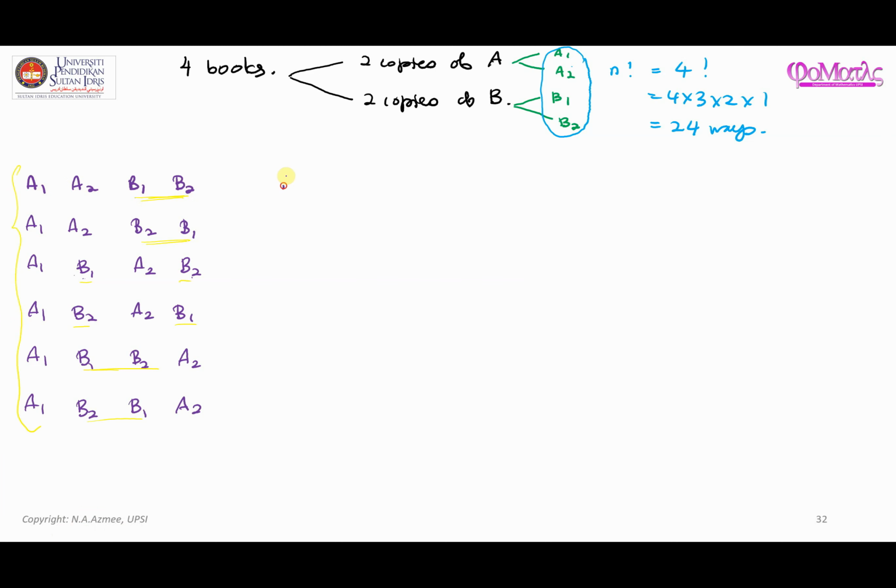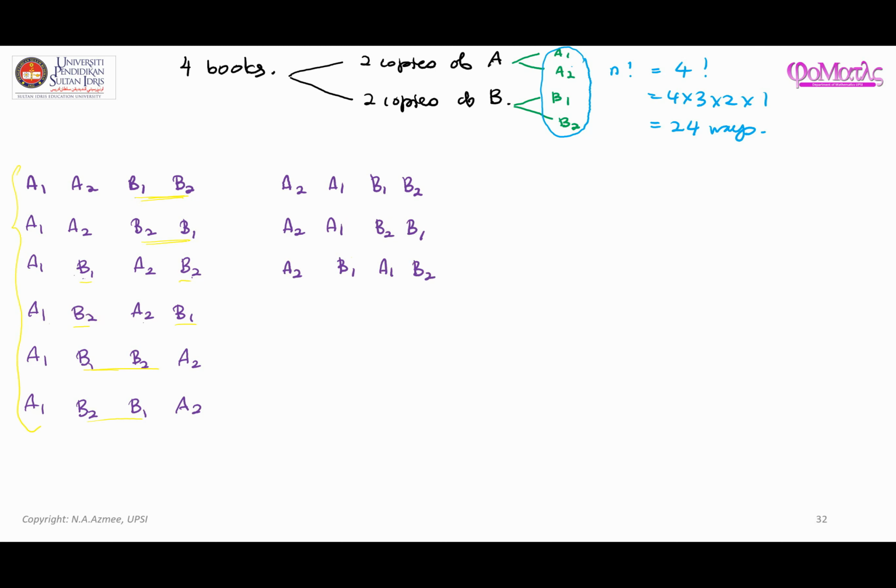So what I have here is A2, A1, B1 and B2. Next I have A2, A1, B2 and B1. You can consider this as an exercise of systematically trying to rearrange all the objects. Here we've got A2, B1, and this one is A1, B2.